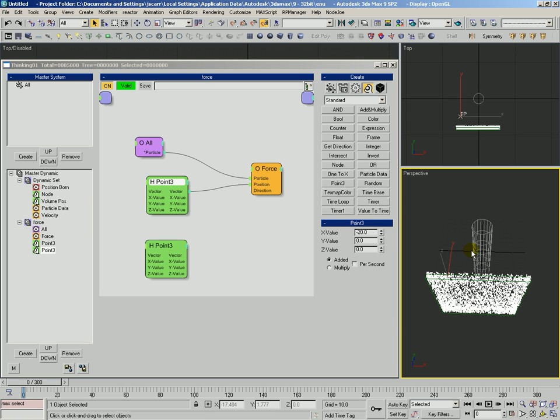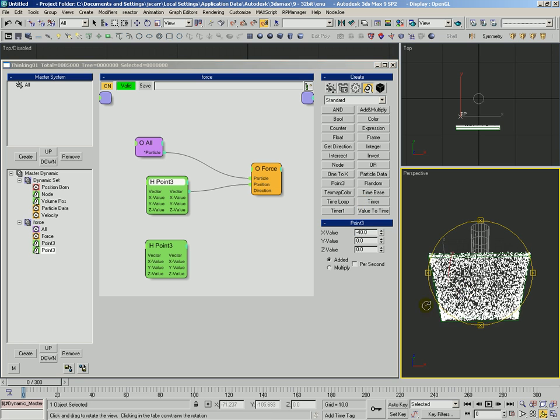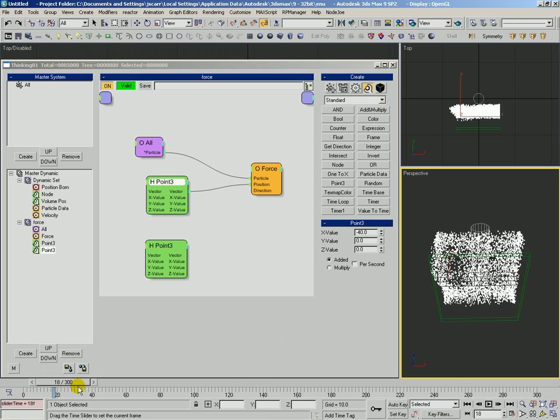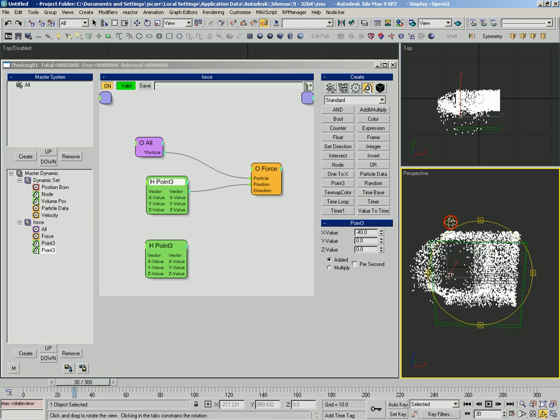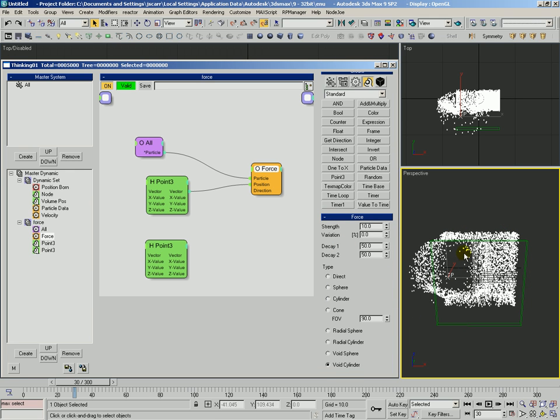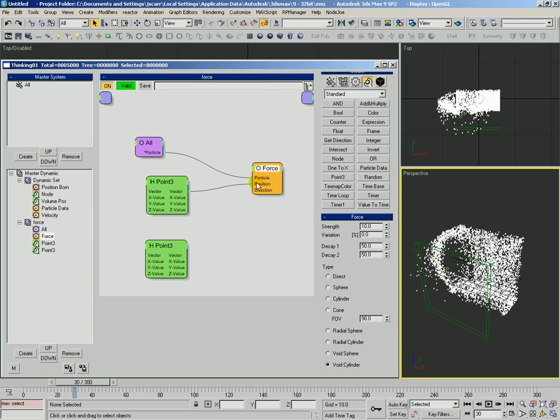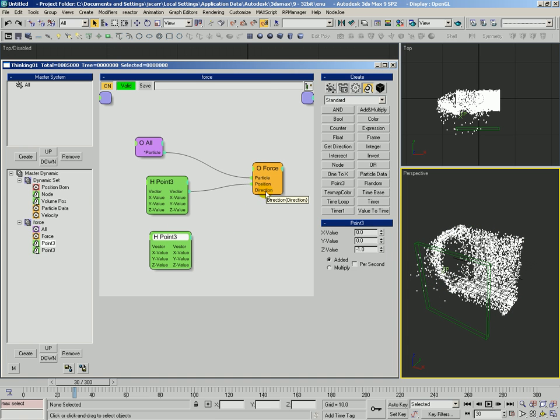So that's somewhere, I think, right out in here. Actually, let's put it a little bit further. And now as those particles go forward, you can see obviously that the void cylinder is located out here. So it's going to use whatever position we input, as well as the direction.